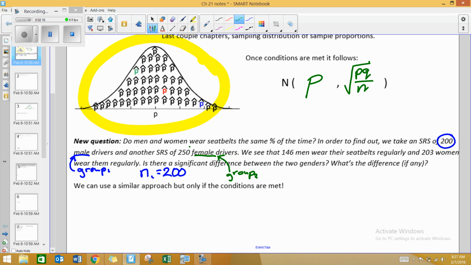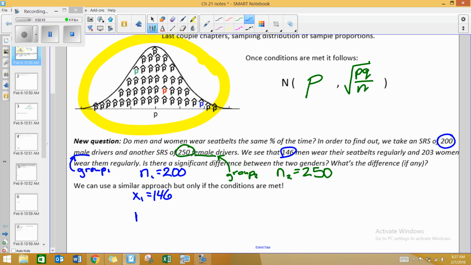Okay, so then this 250, that's going to be N2. All right, so the 146 men wearing their seatbelts represents the amount of successes, if we can still think of those in terms of successes. And so I would call that my X1. So X1 would be 146.